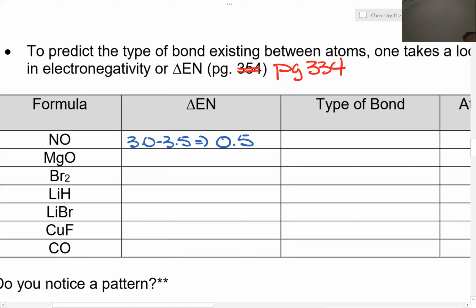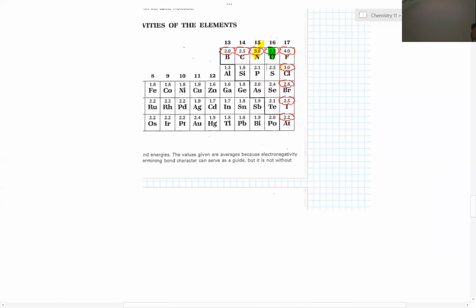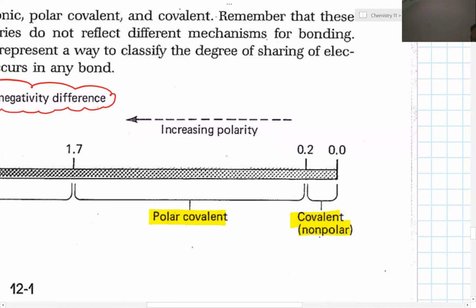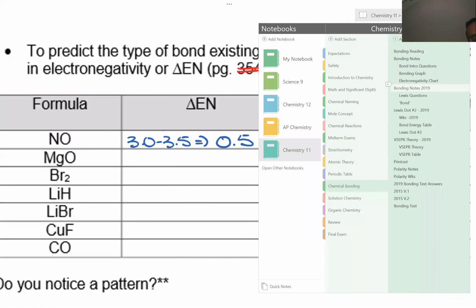Now, you might say, Mr. Chan, does it matter if it's 3.0 minus 3.5 as you wrote, or 3.5 minus 3.0? The answer is no. What you're doing is you're looking for the absolute value. So in this case, where does 0.5 fall? If you take a look on page 334, 0.5 falls in this particular range. So the type of bond is polar covalent.